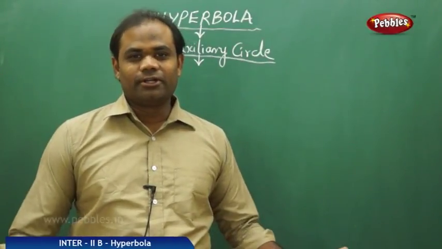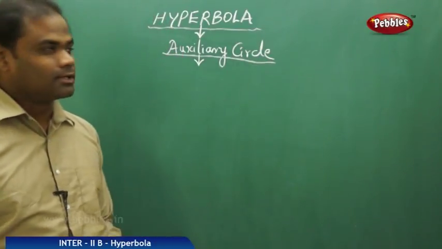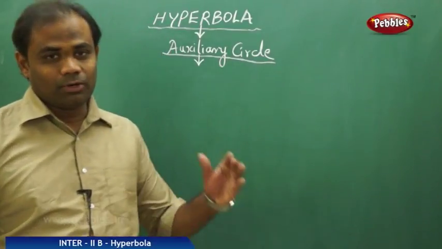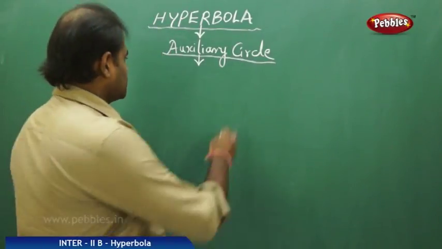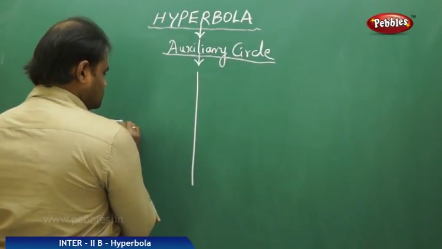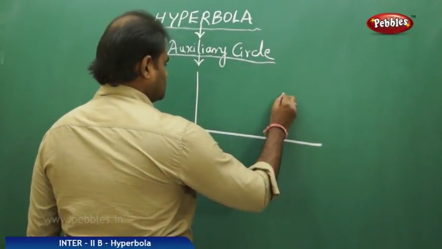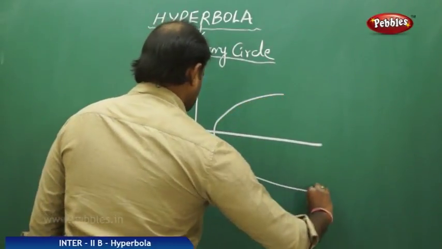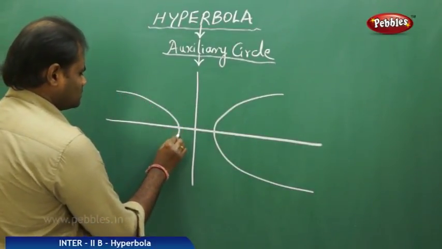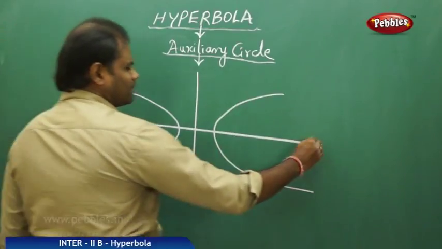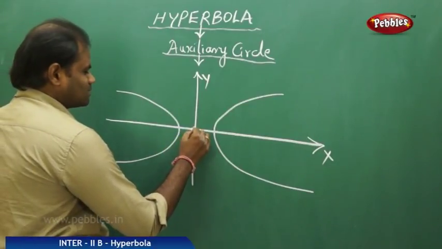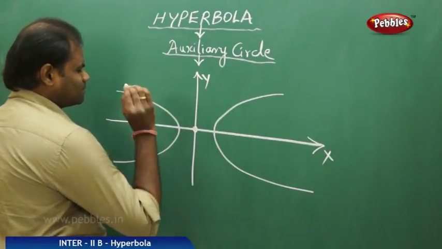Now next is the auxiliary circle. What is the auxiliary circle for a hyperbola? A hyperbola has both transverse and conjugate axes, with x-axis, y-axis, and the origin.